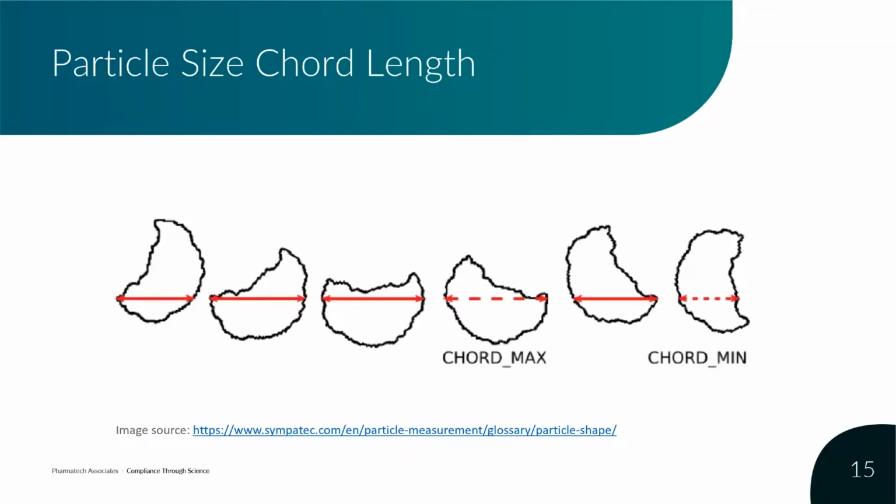And by that, I mean it is possible to use the characterization of your finished dosage form in order to convince regulatory authorities that you don't have to do dissolution every time. It is a lot of work. It won't work for every product, but the chord length distribution is probably, in my opinion, the most common technique that's used in order to determine a particle size distribution.